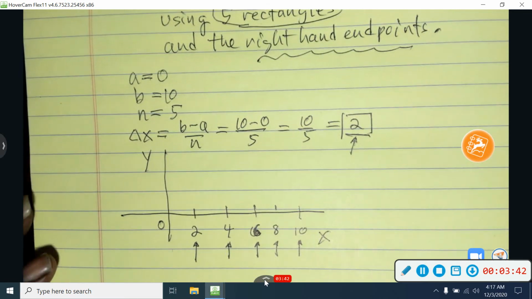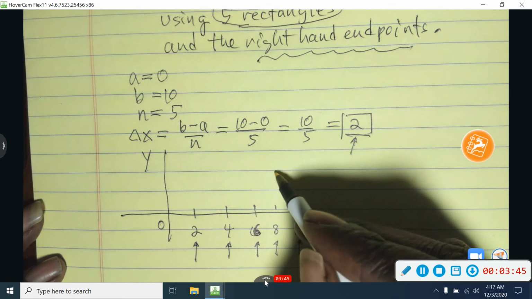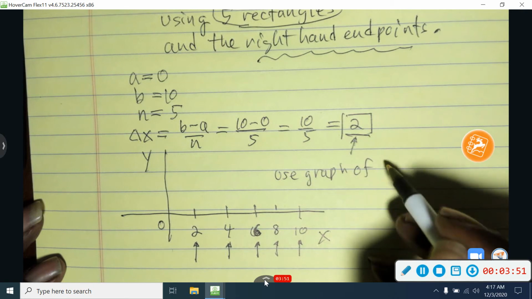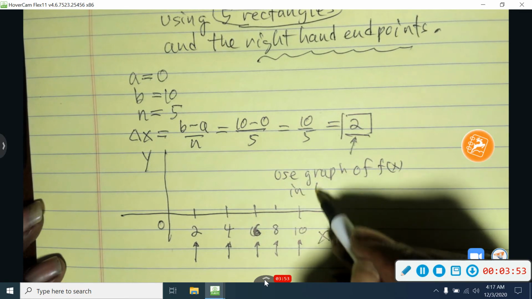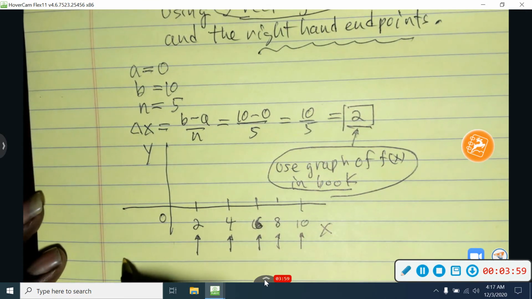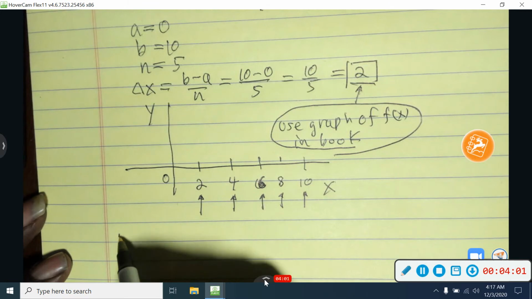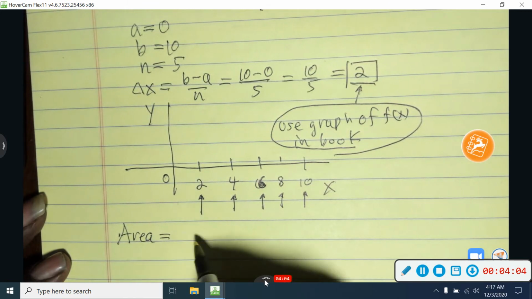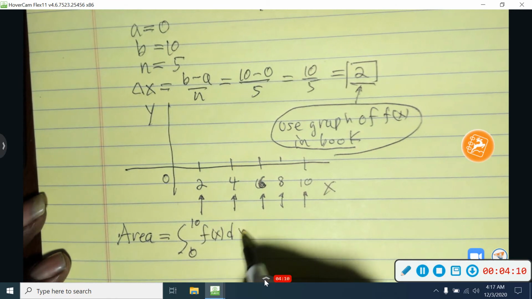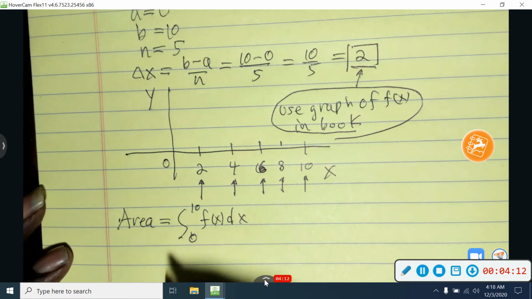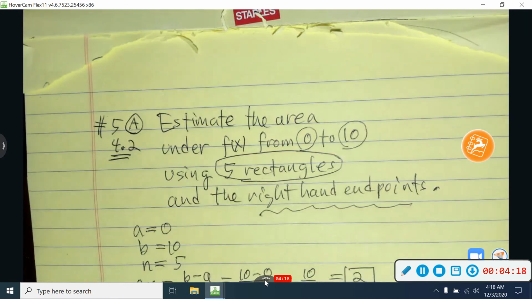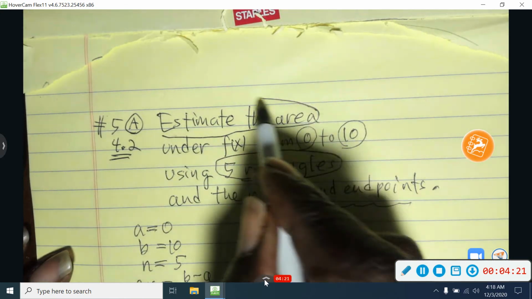Okay, and then you're ready to do it. Use the picture in the book. Use the graph of f of x in the book. Okay? And so here we go. So the area, which is also equal to the definite integral from 0 to 10 of our function. Remember, we decided to call that symbol, and it's a limit of a sum. Anyway, it's roughly equal to, we are estimating, right?